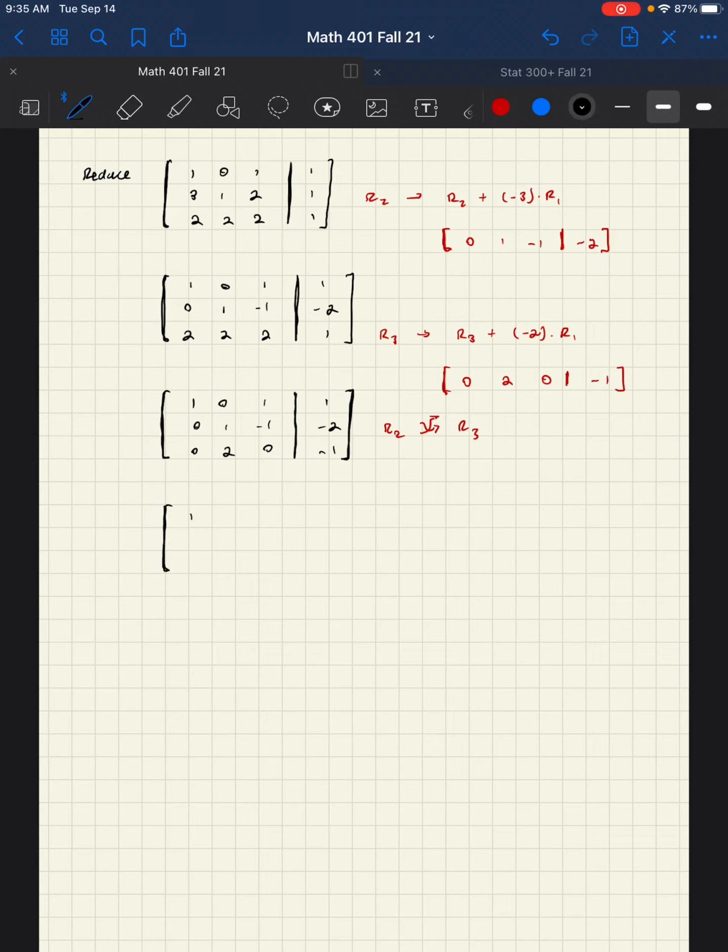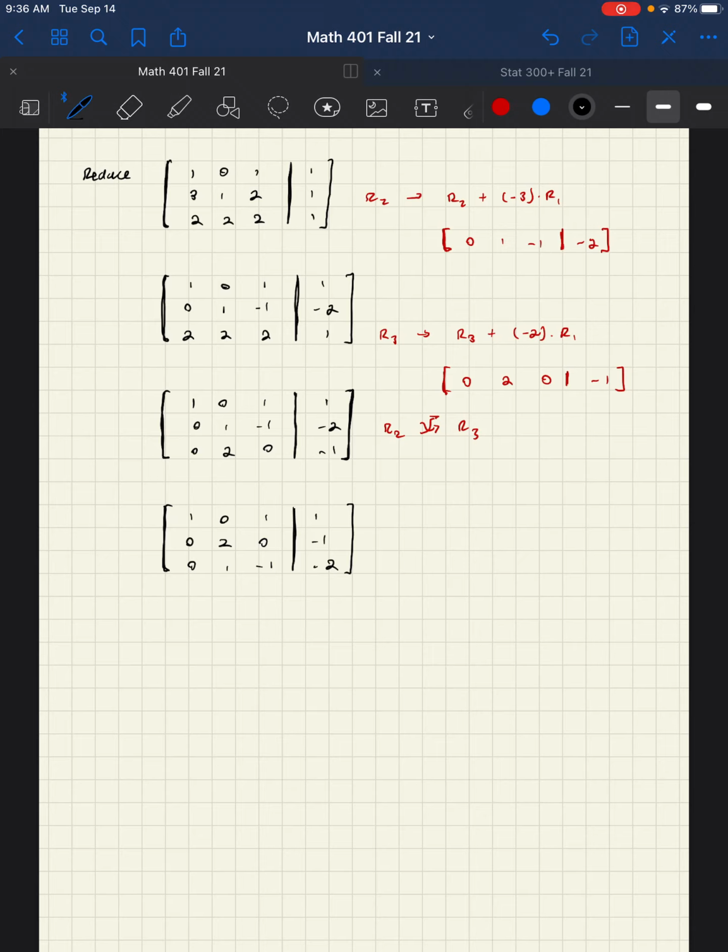So that looks like 1, 0, 1, 1, 0, 2, 0, negative 1, 0, 1, negative 1, negative 2. Okay, fundamentally the same. We haven't really changed anything.